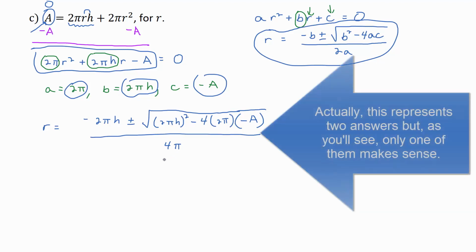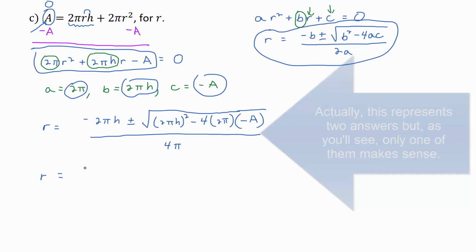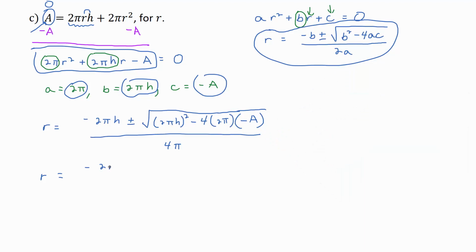Okay, now that's an answer, but we're going to simplify this thing. We're going to write it as r equals, first of all, let's simplify that radicand. So negative 2 pi h doesn't change, plus or minus. I'm going to rewrite 2 pi h squared. Because the operation is multiplication, I can apply this exponent to each factor, the 2, the pi, and the h, and write it as 4 pi squared h squared.